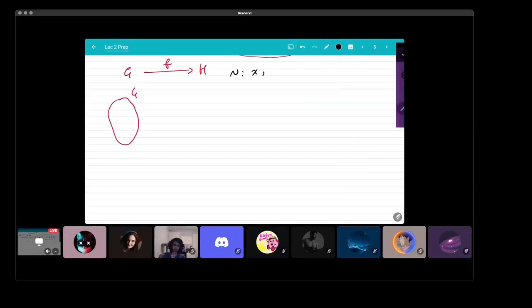We're going to define that x is equivalent to y if and only if they have the same image. And we can check using the three conditions, the equivalence check, that this is indeed an equivalence relation, because f of x is equal to f of x.